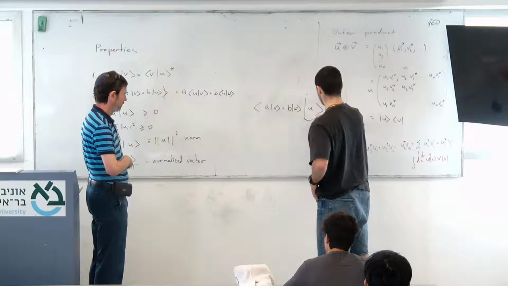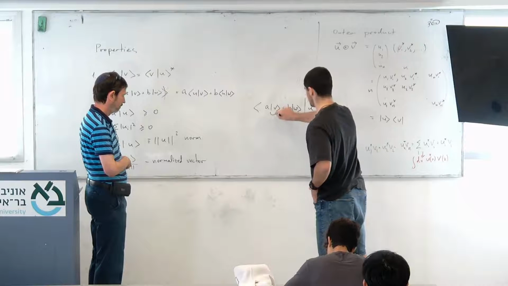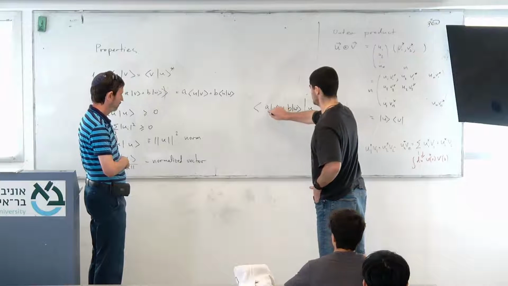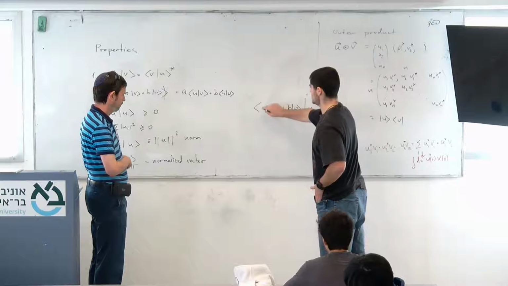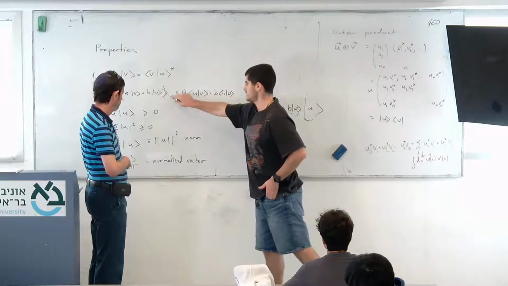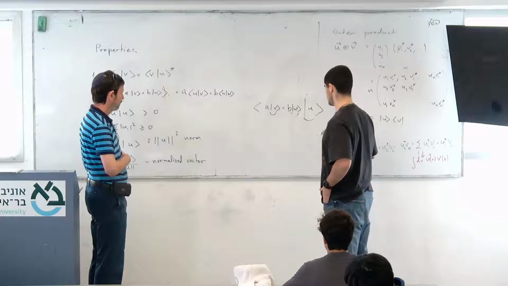So this one is a vector. This one as well. But I'm guessing that this is a scalar and this is a scalar. So this is probably like this. No? Same thing.